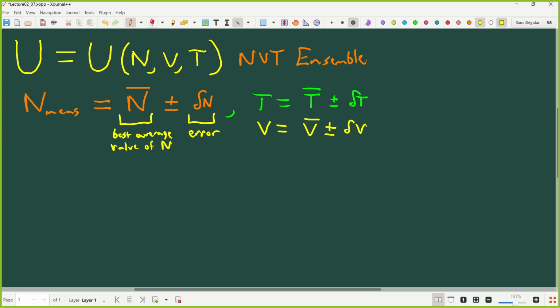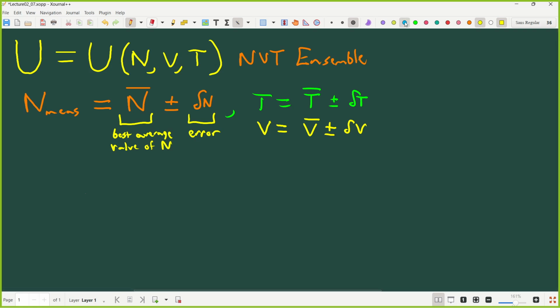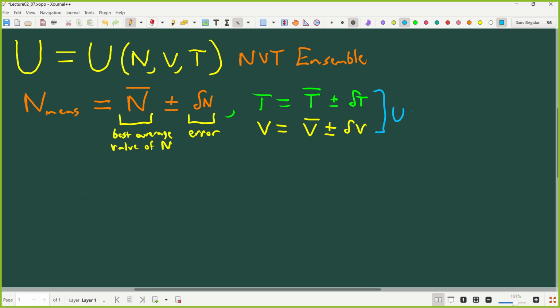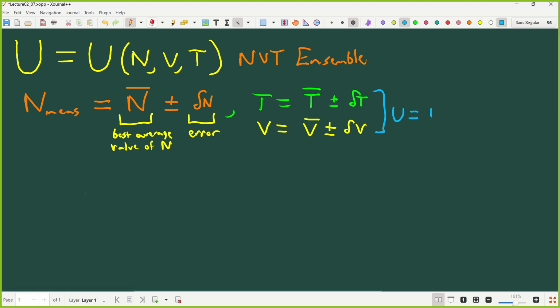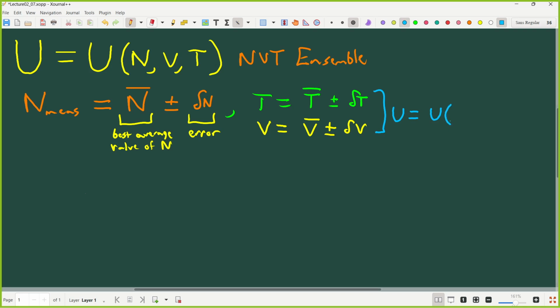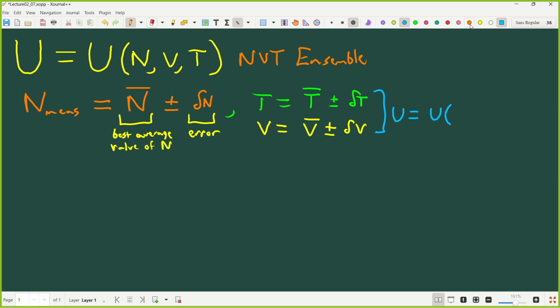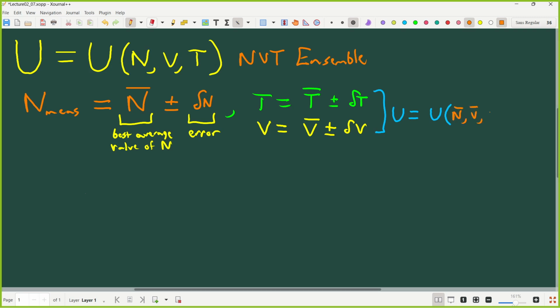Now the question I want to ask is, given the error of my inputs, what's the error of the output? In other words, what's the resultant uncertainty of my U? So what this means is that when I put these all in, my U value is going to be the U measured at the best fit values, N bar, V bar, T bar, right?